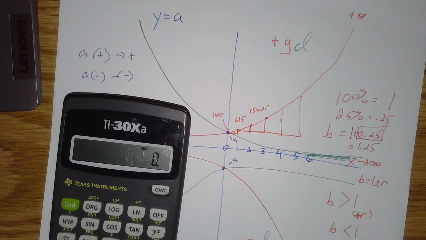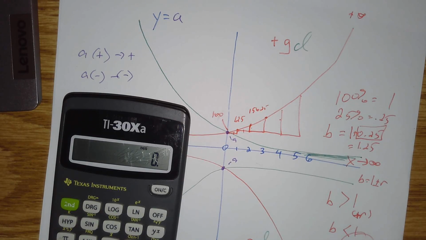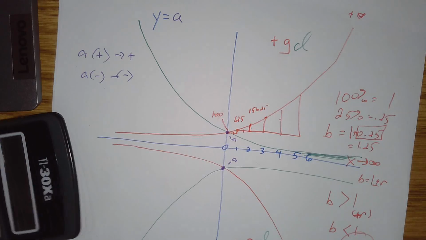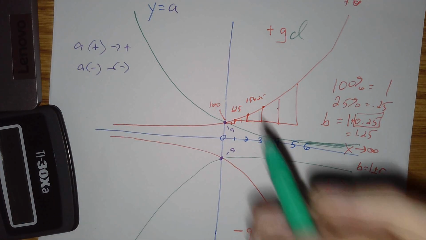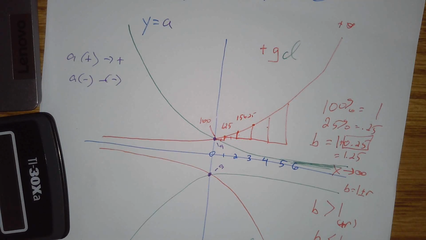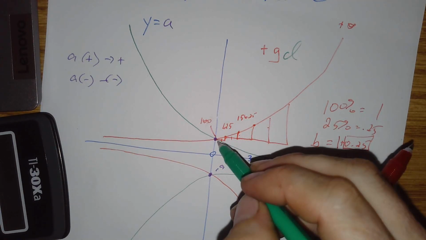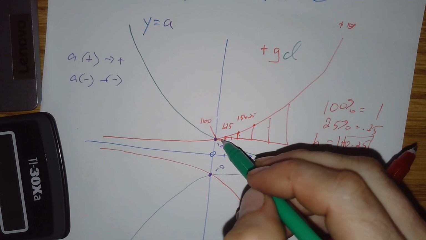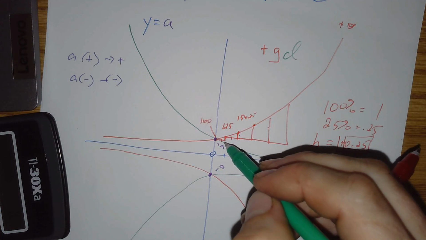Okay, so let's explore R when it's negative, when this is a decay, right? So if I started at 100 and it's going to decay away at a rate of 25%, that means that each time I progress, it's going to become 75% of its original value, right?